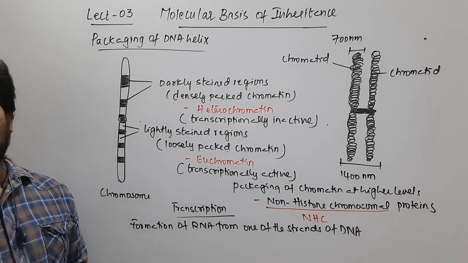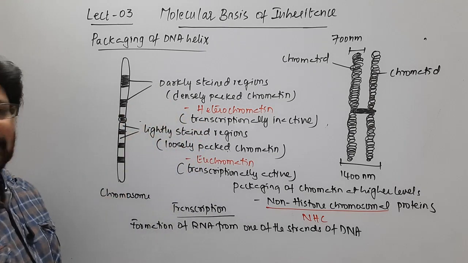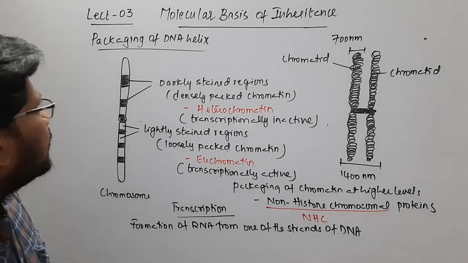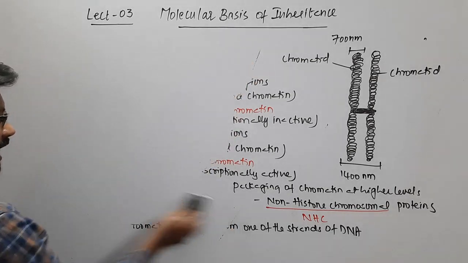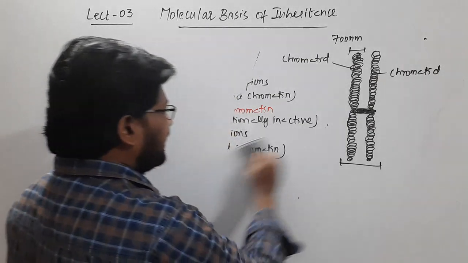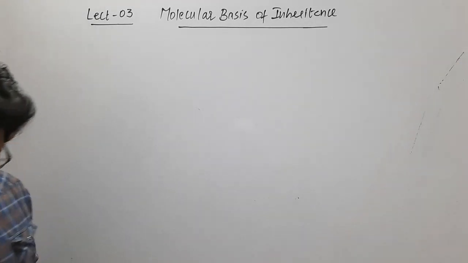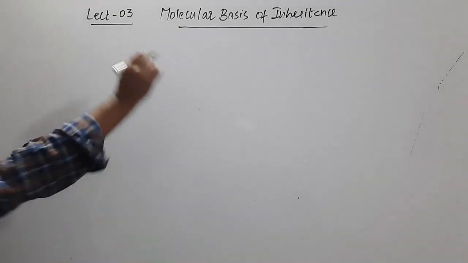So hence they appear dark stained, right? And I hope it's clear. So that's all about the packaging of DNA helix. Next, we will move on to the search for genetic material.